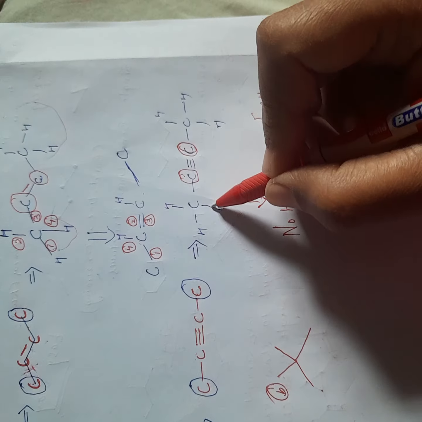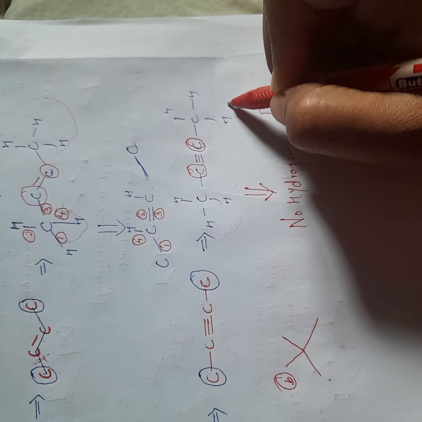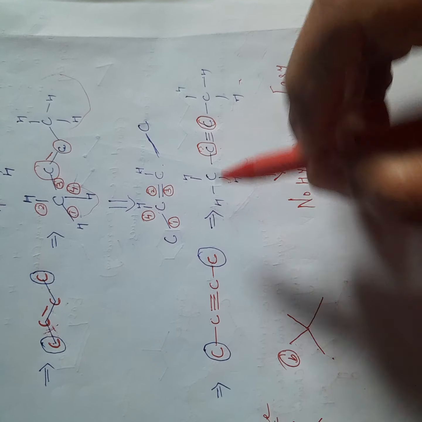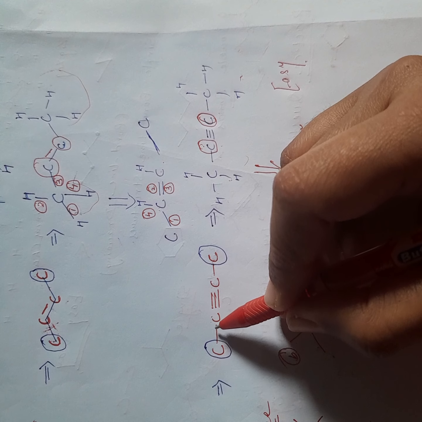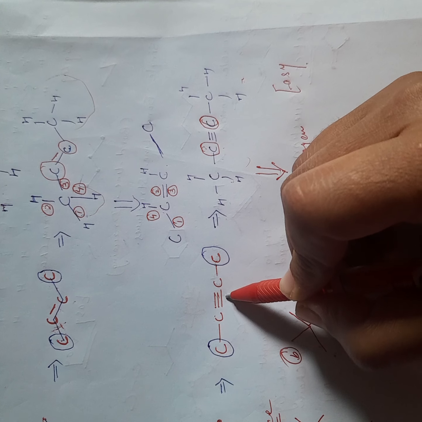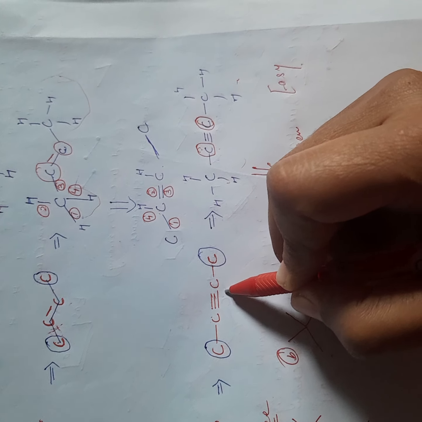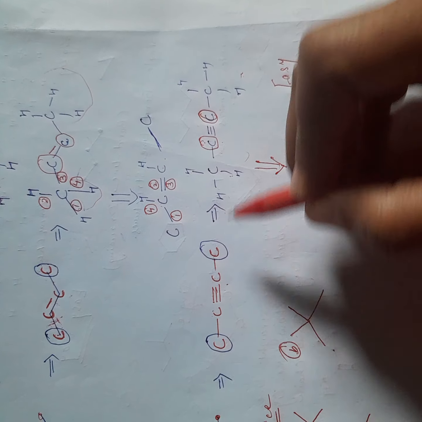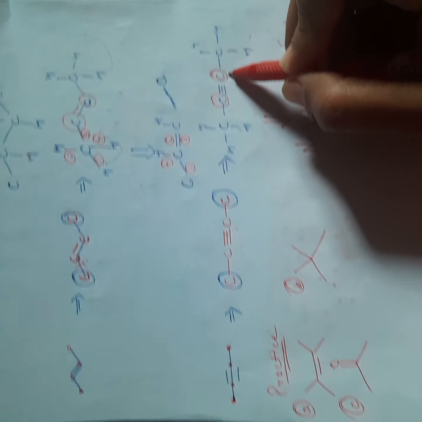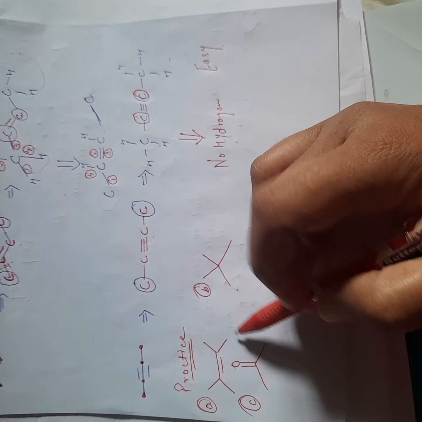Terminal carbons again form three hydrogens around them. And now there is a central carbon. Look at the bonds around that carbon: 1, 2, 3, 4. So they have already four bonds between them, so there will be no chance of hydrogen being present here. It's an easy one, right?